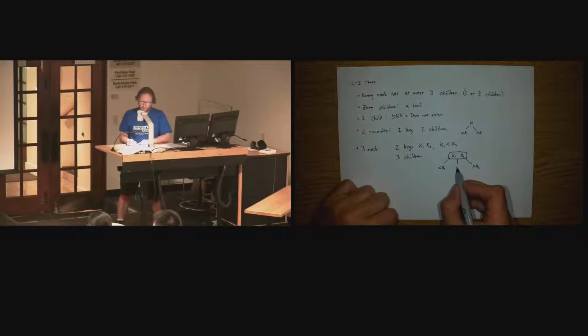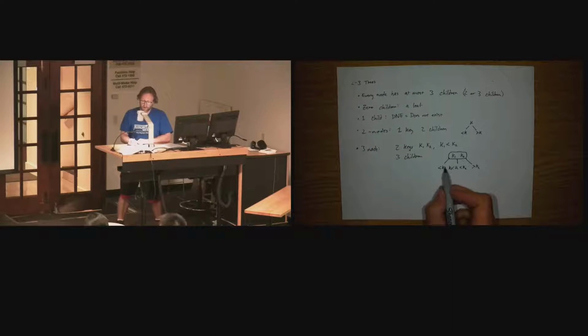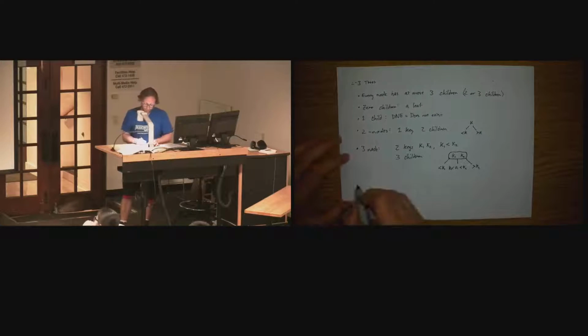But what about everything over here? Everything over here is going to be between, right? I'll call this A. This is going to be at least K1 and at most K2. Right? And these could be 2-nodes or 3-nodes. And you could have 2-nodes, 3-nodes all over the place in the tree.